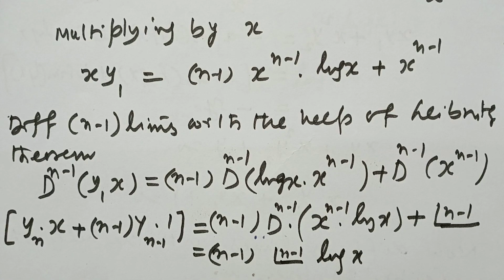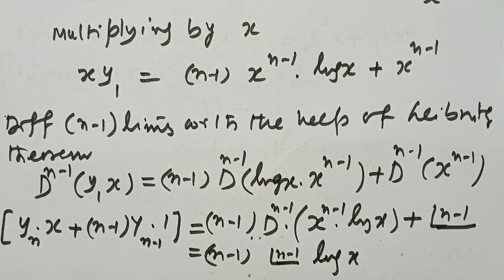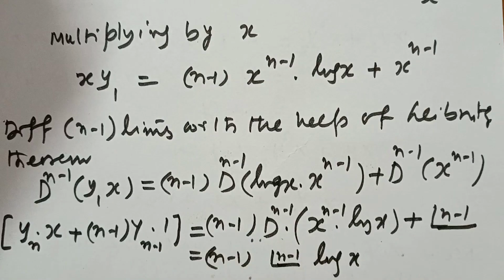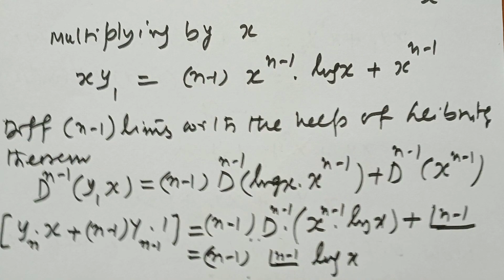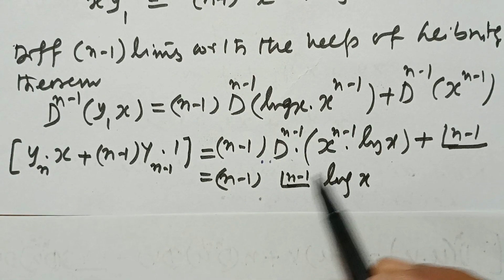Also this is very easy to see: this is y, so no need to differentiate. We will put it directly in place of n minus 1. Don't differentiate this thing.